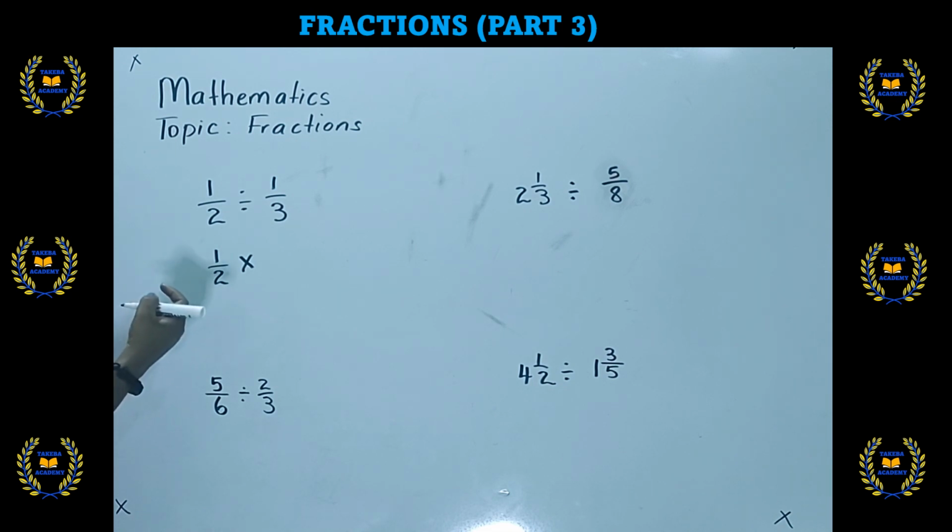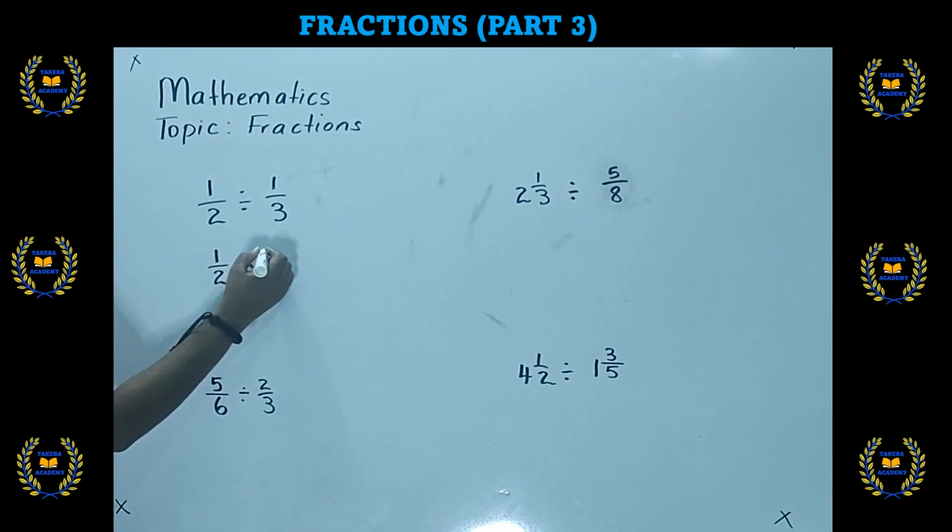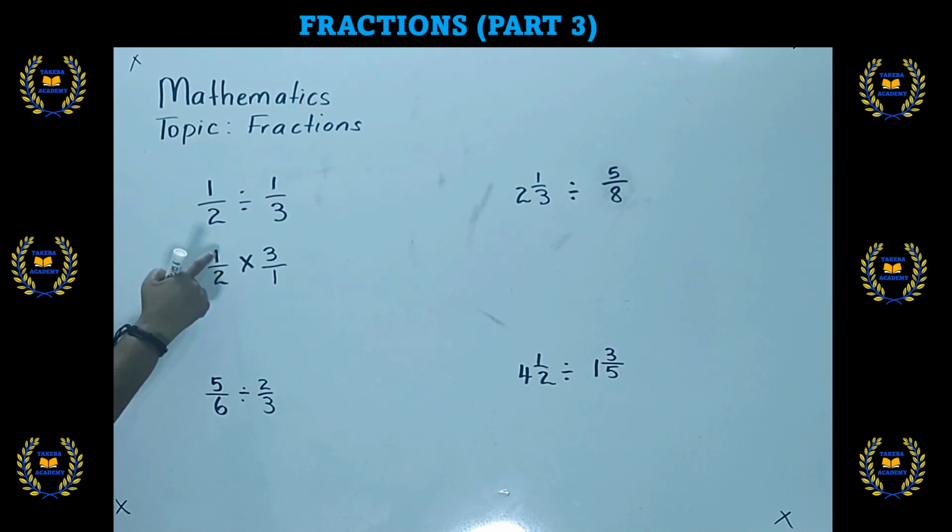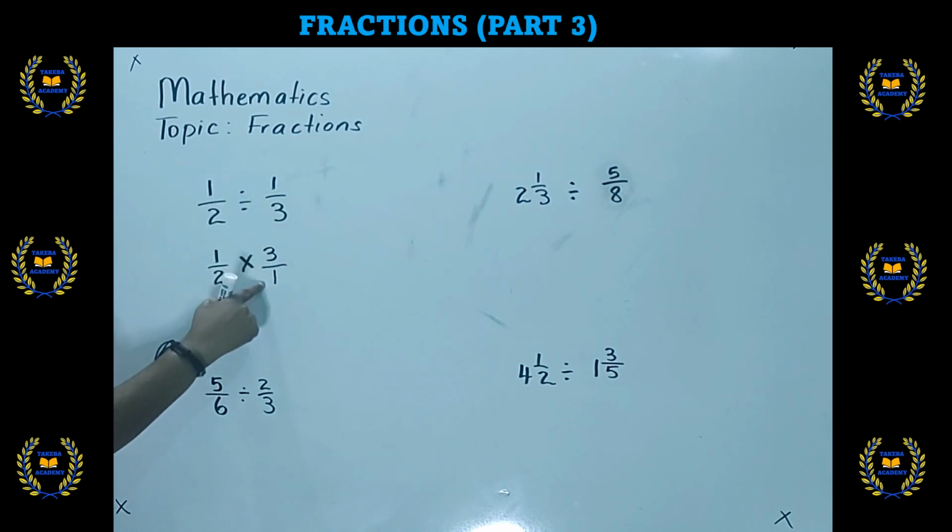There's a term that we use, we find the reciprocal, which basically means that we're going to flip the fraction, right? We're going to make it the opposite of what it was. So now the 3, which is the original denominator, now becomes the numerator, and then the numerator becomes the denominator. Okay? So we write back the first fraction as it was, we change the sign, and then we flip.